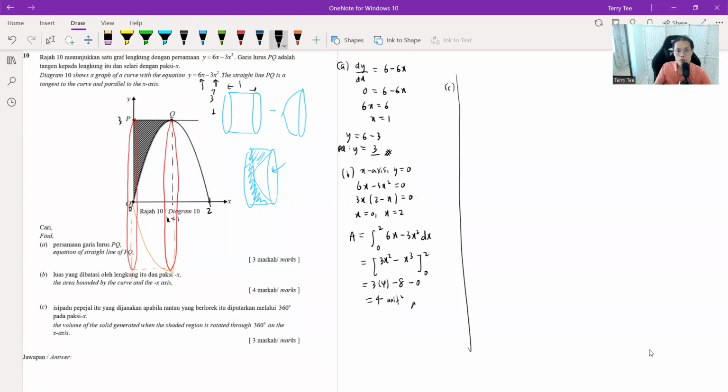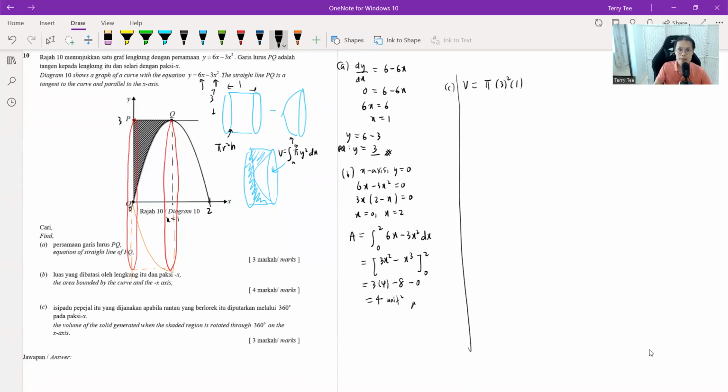And then you need to subtract this integration. When you integrate with respect to x, volume of solid generated is pi y squared dx, from a to b. So let me just take volume of cylinder as pi r squared h, where your radius is 3, height is 1.